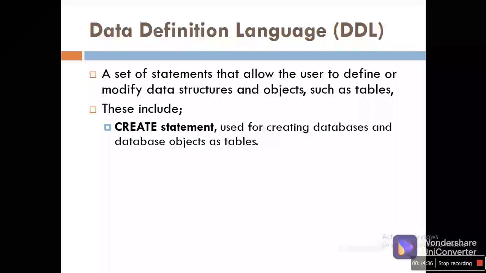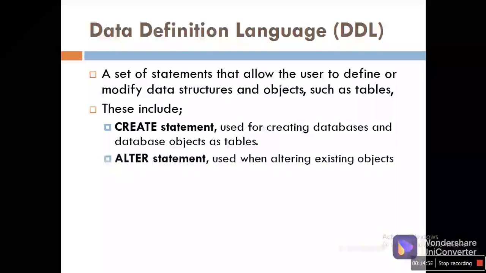So this includes most of the times the create statement. The create statement is a core DDL word that we most of the times use to create objects, used for creating databases and other objects like tables and functions, as we shall be seeing. And then the alter statement. As for create, it creates something new: a new database, a new table, a new function.